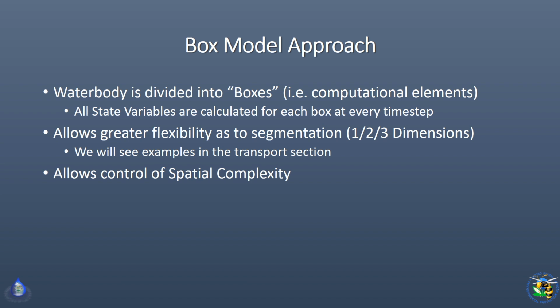It also allows us to control spatial complexity in that we can model our water body as a single continuous stirred reactor, or we could add more segments to resolve different gradients or different management questions. So it gives us a good handle on how we can control how we break our water body up.